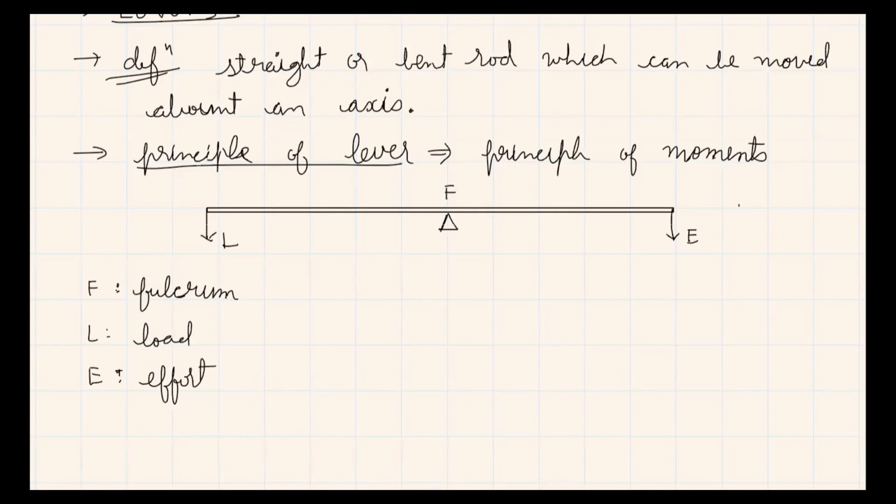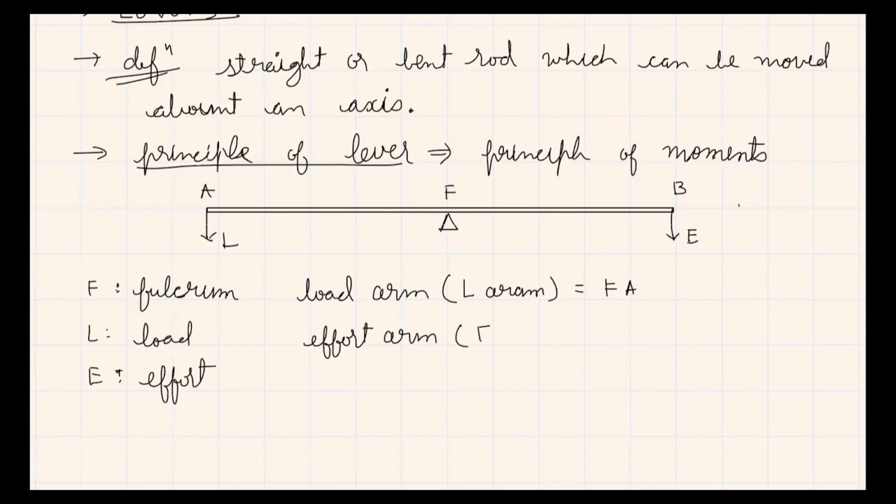Now there are two new words that I'm going to introduce. One is called the load arm, and I am writing it as L arm over here. If I call this point A and this point B, then that is equal to FA. Another term is effort arm, that is E arm, and that is equal to FB.